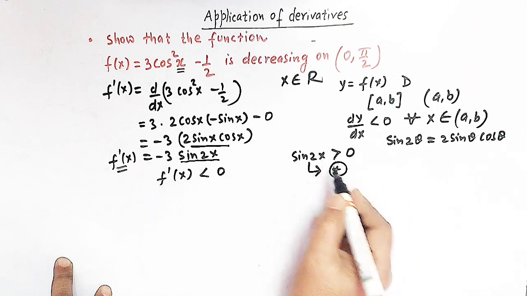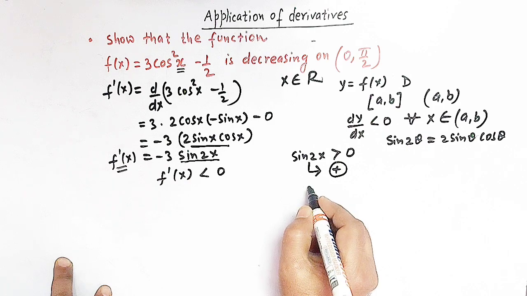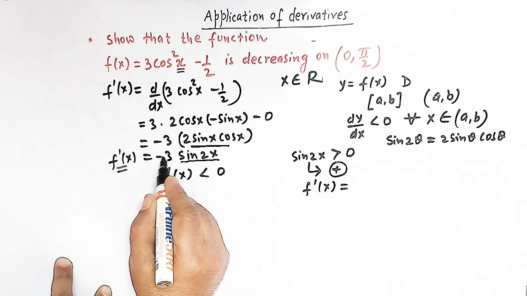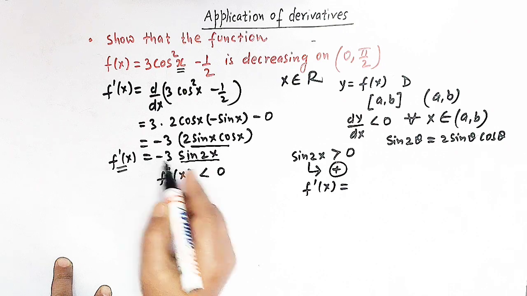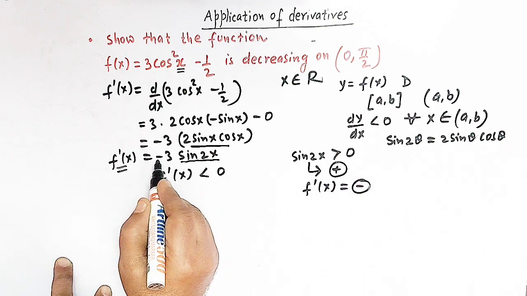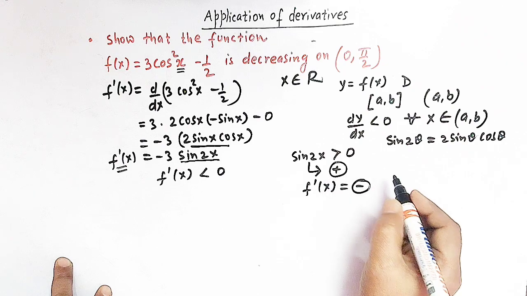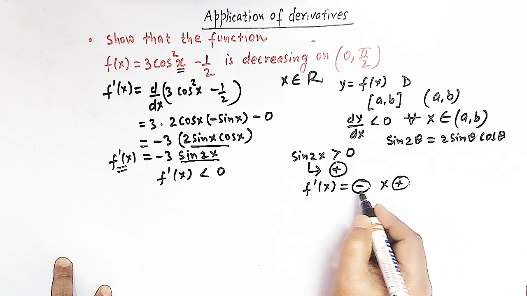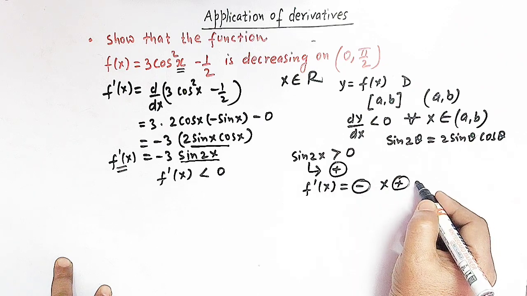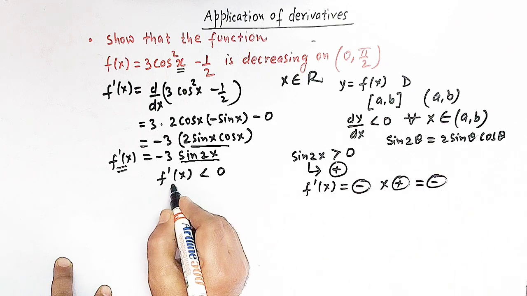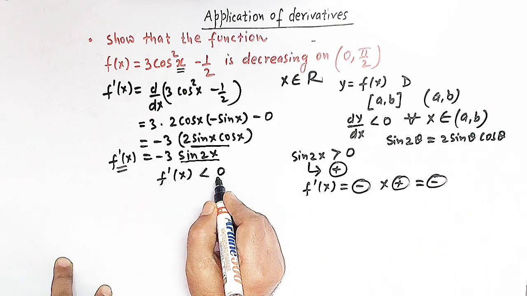Because when sine 2x is positive, then f prime of x is given by minus 3 times a positive, considering only the sign. The product of negative and positive is negative, so in that case only f prime of x is less than 0.